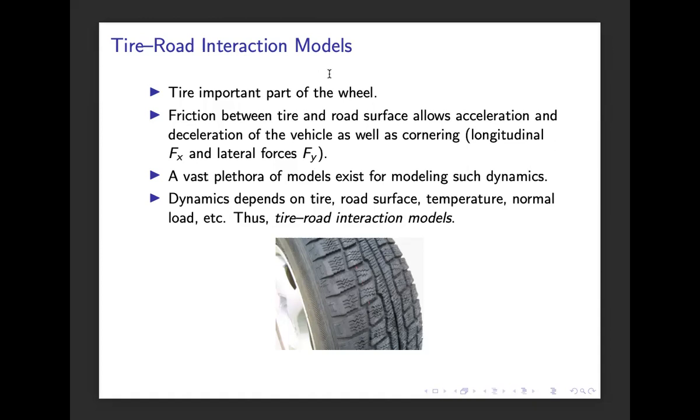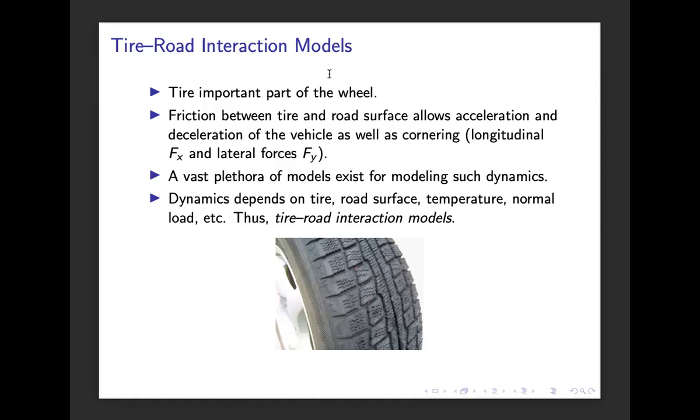Before going into the kinds of models that are often used, we can note that the tire dynamics depend on the tire itself. How has it been designed? How is the structure of the tire? What kind of material is it? There are a lot of details when it comes to the tire itself.